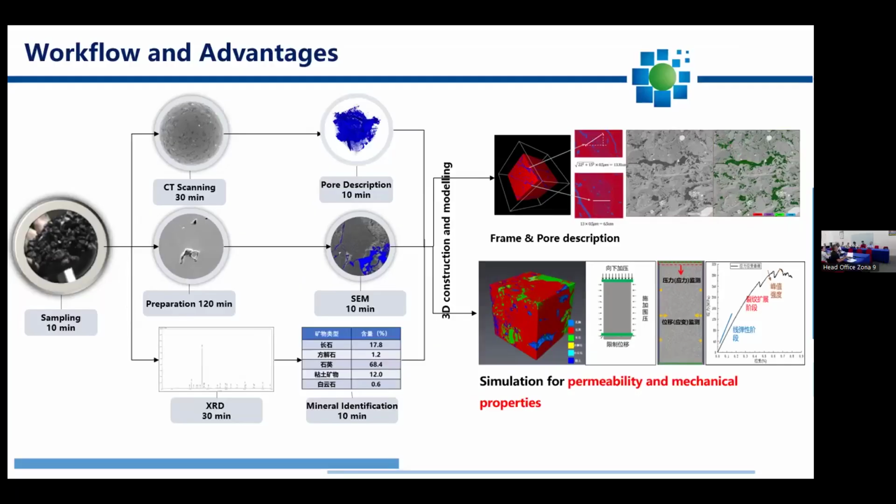Another two things we can do with the reconstructed 3D model: one is to calculate permeability. The third thing is pretty critical for wells which need to be fracked, to simulate the geomechanical properties, like Young's modulus and the Poisson ratio, which are very critical for the completion design.